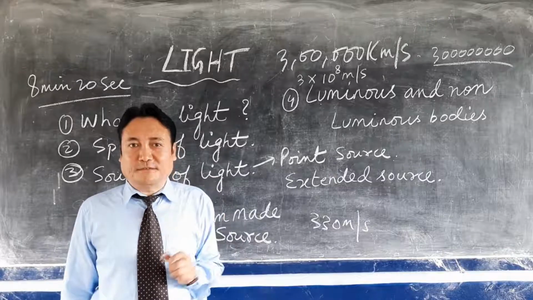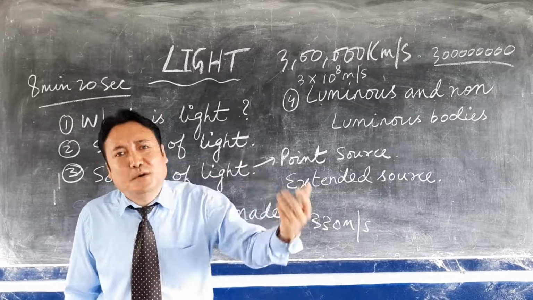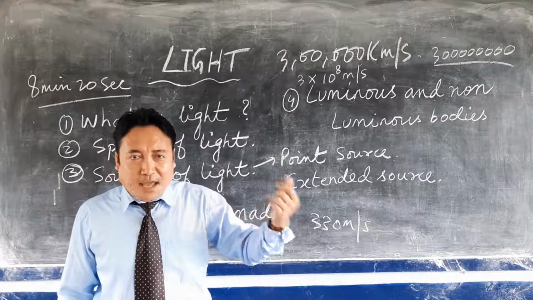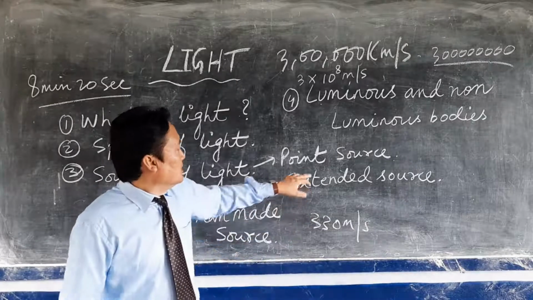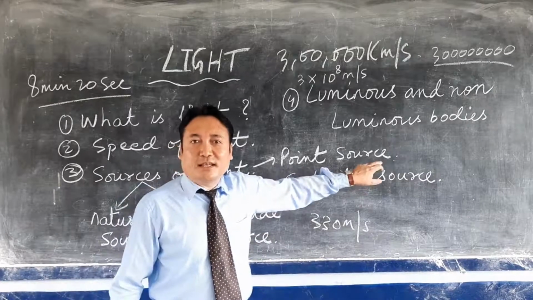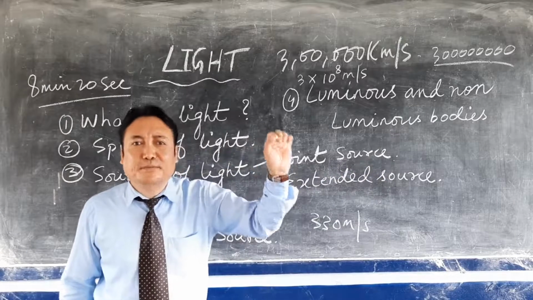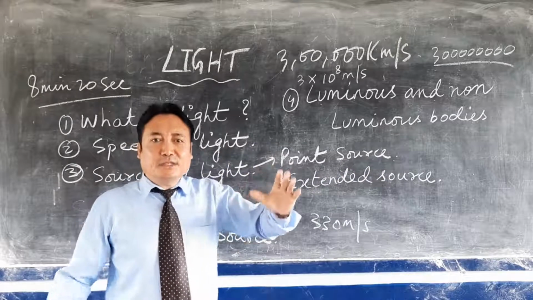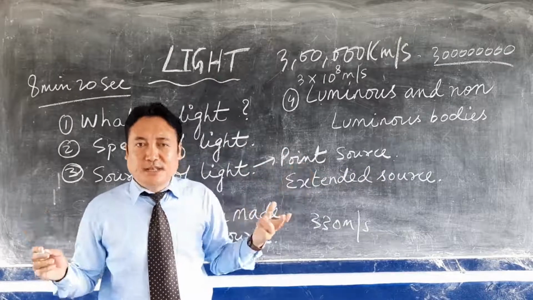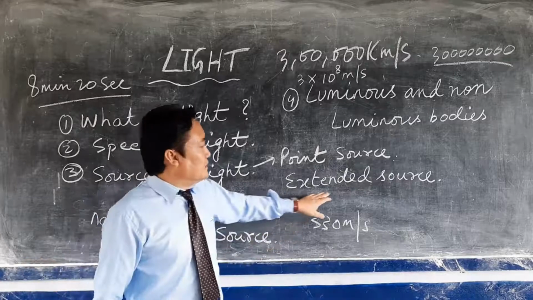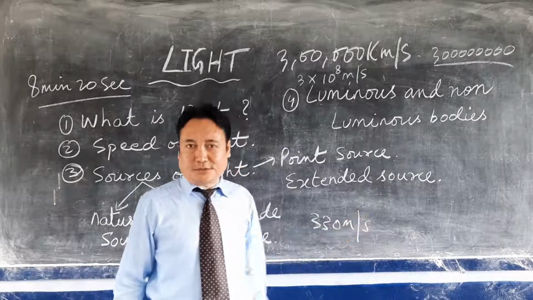What can be the source of light? If the source of light is very small, then that source is considered a point source. Point source means like a pinhead. If the source of light is big, huge, larger, then we call it an extended source.